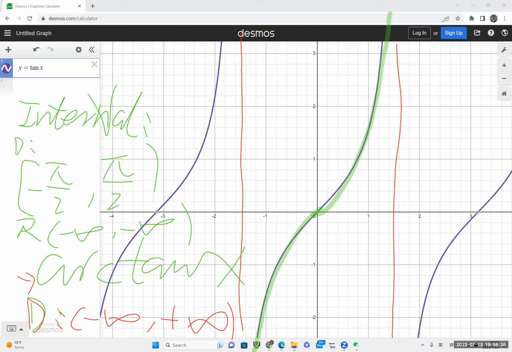Then for the range, it's negative half pi to half pi. By the way, this is wrong, the endpoints are not included, right? Okay, that's for tangent.